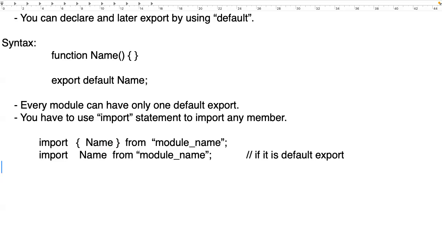So another point is, whenever you are importing, you will face ambiguity issues. We can import multiple modules, but multiple modules can have same name functions or members.